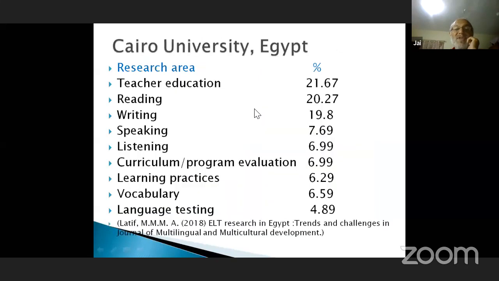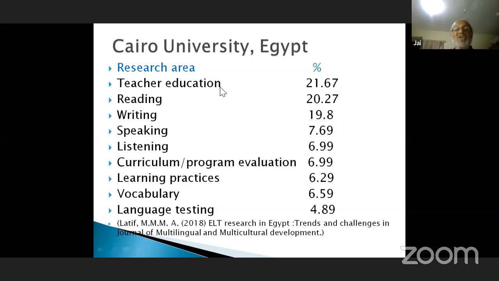Now, keeping in view the same sense, I reviewed Cairo University, Egypt, from an article published in 2018, ELT Research in Egypt: Trends and Challenges, in the Journal of Multilingual and Multicultural Development.